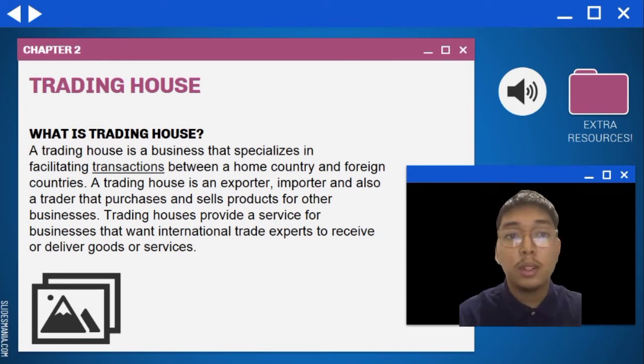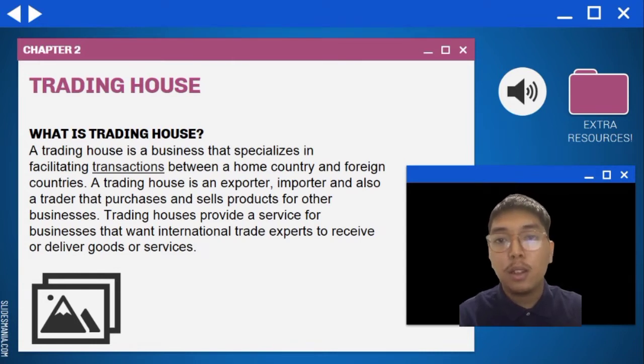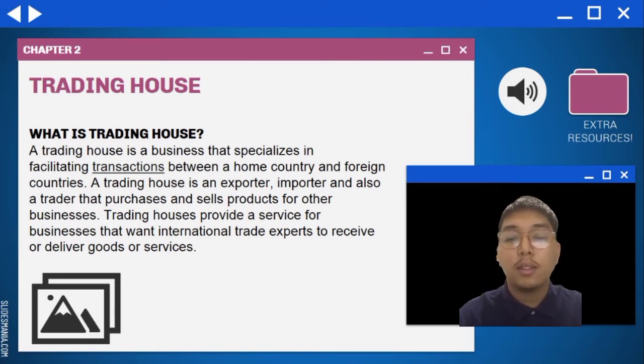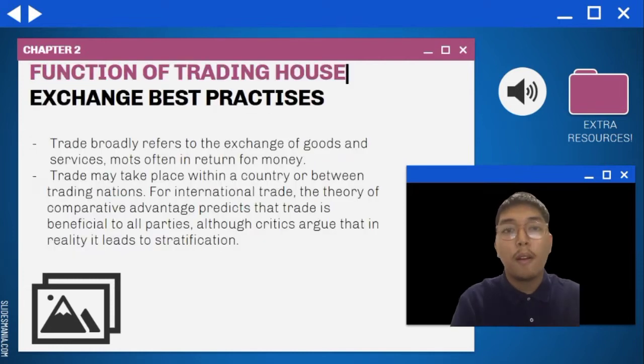A trading house provides a service for businesses that want international trade experts to receive or deliver goods or services. Function of a trading house: exchange best practices.